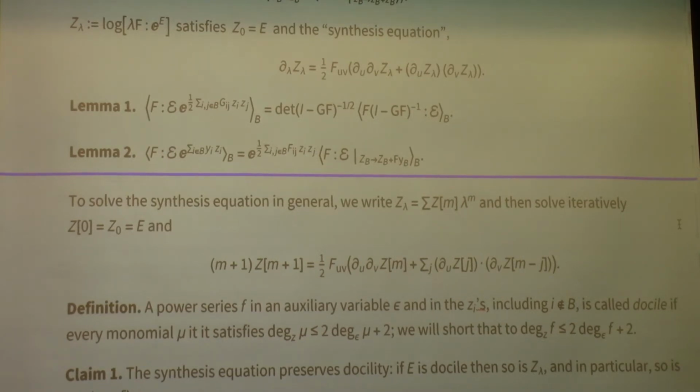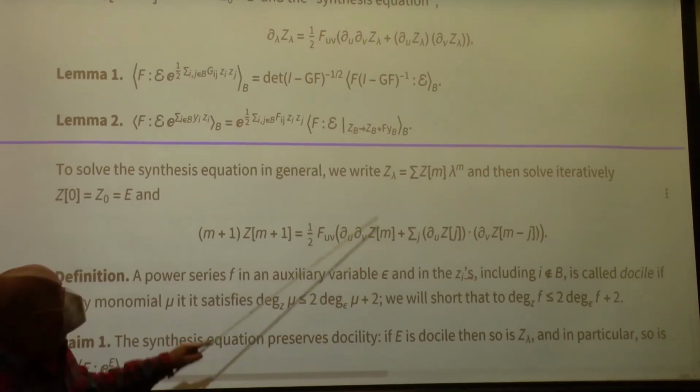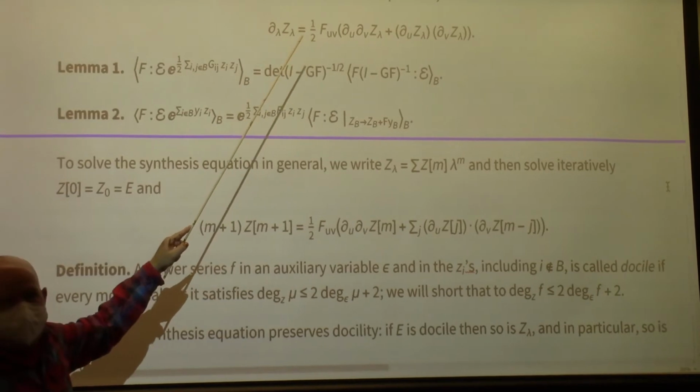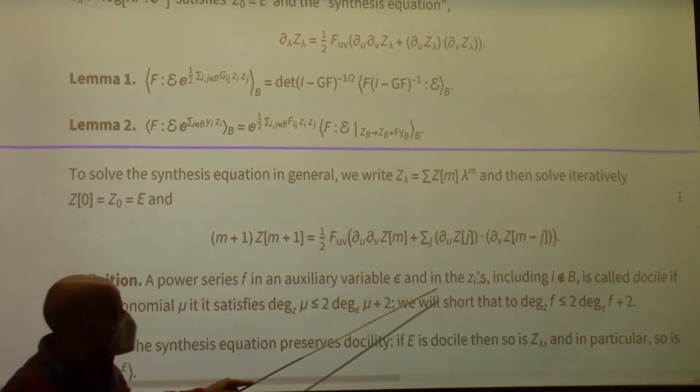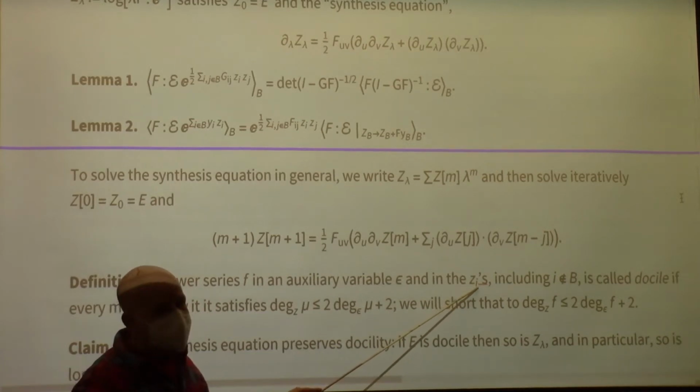Okay. So I need several things. First of all, I want to tell you what a docile power series is. So a power series f in some variable epsilon, an auxiliary variable, well actually it's the same epsilon as before, the perturbation variable, and in many variables z.